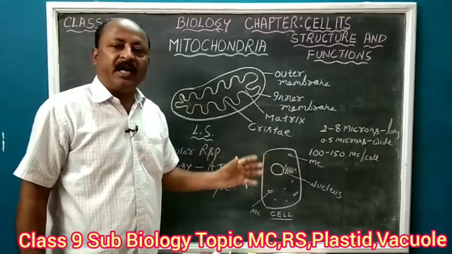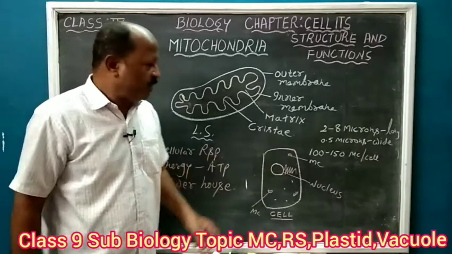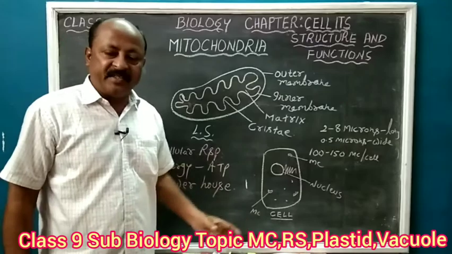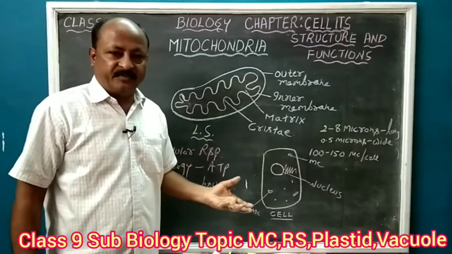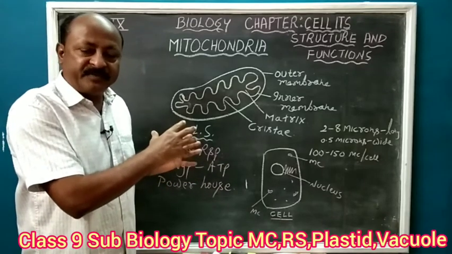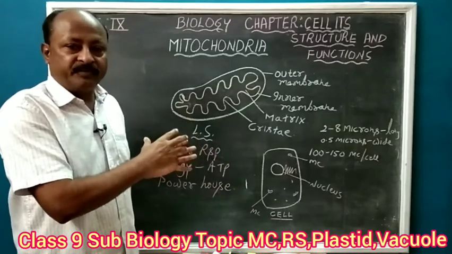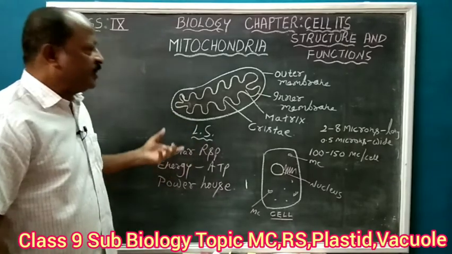Generally there are around 100 to 150 mitochondria in each eukaryotic cell, but in the respiratory cells, the number of mitochondria will increase as the oxidation of the food takes place inside the mitochondria. So we have studied the structure and functions of the mitochondria.